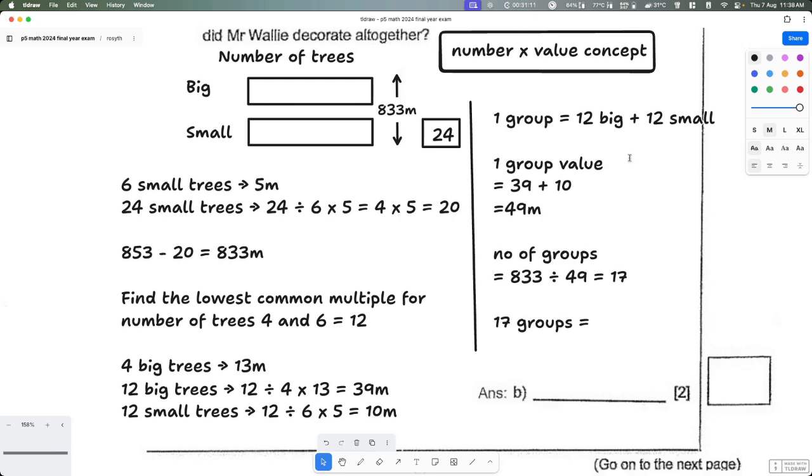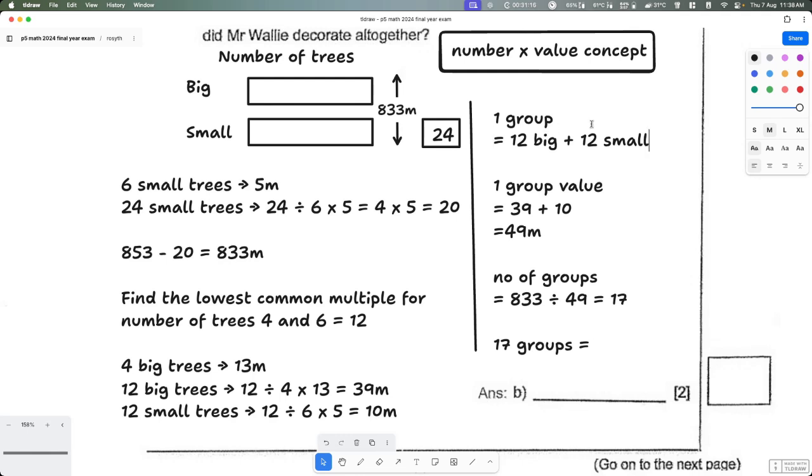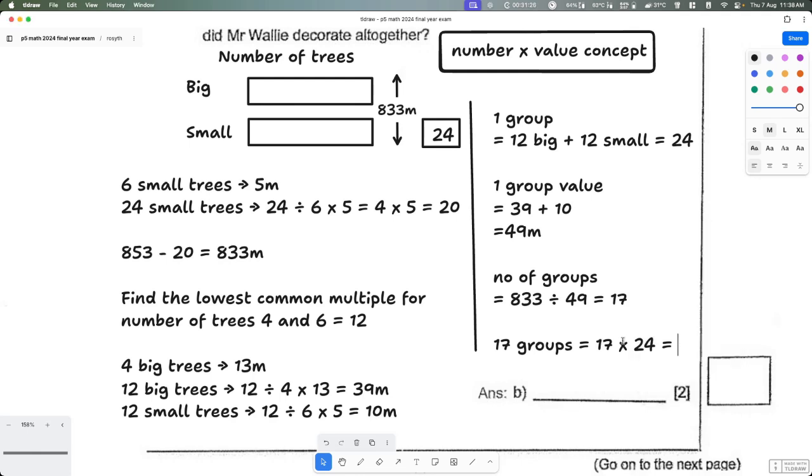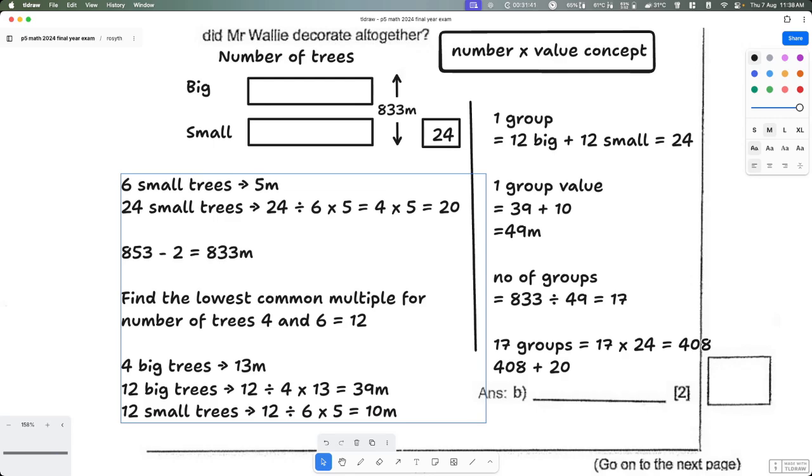So 12 plus 12 will be 24 trees in total per group. Then 17 groups is just 17 times 24. This will give us 408. And then we add the additional 24 trees, so 408 plus 24.